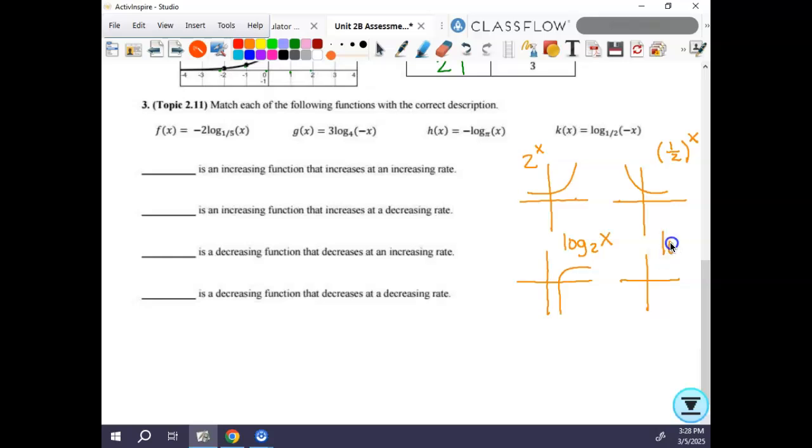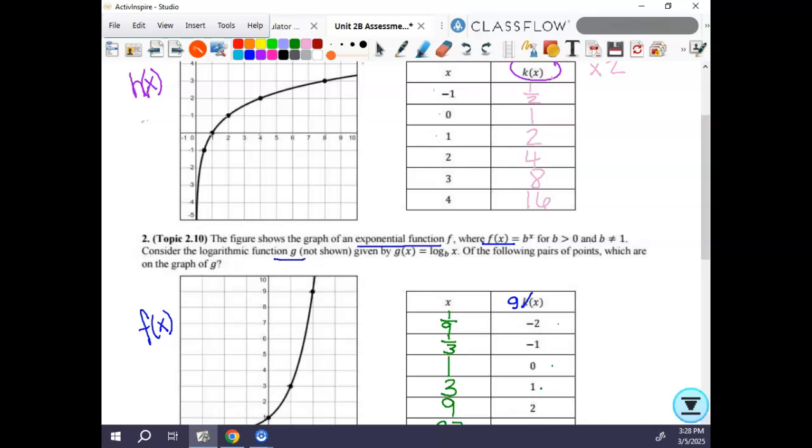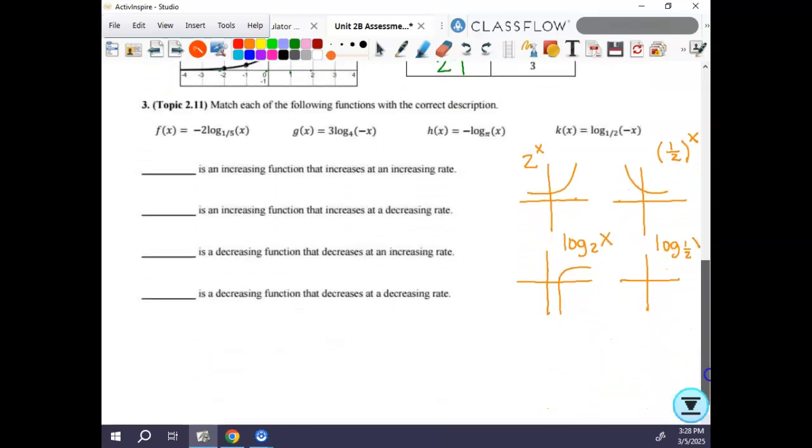If I have log base 1/2 of x, oh, I was trying not to draw too close, but of x, this would end up being a reflection in the x-axis. So these reflect in y, this reflects in x. So that's kind of what our beginning looks like for that.